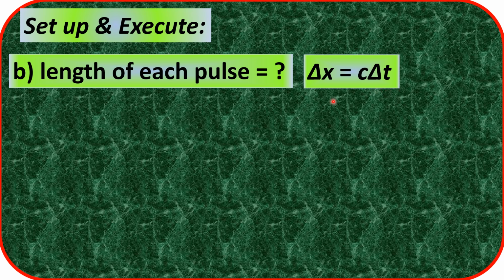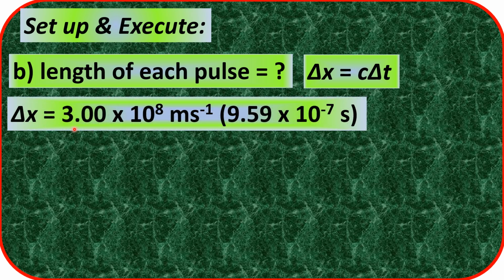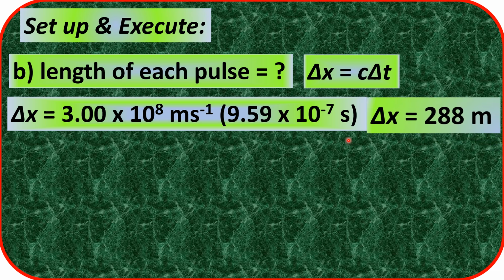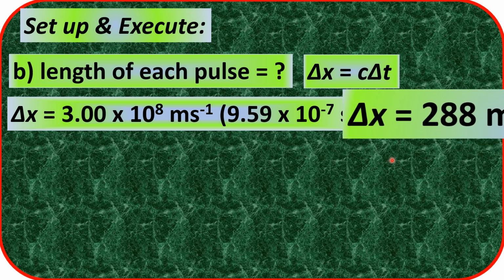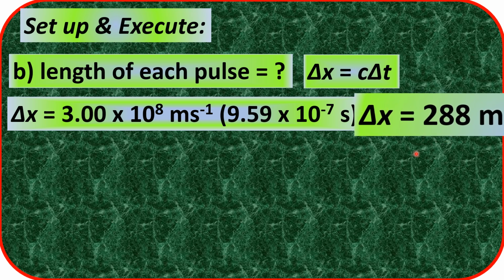That is, delta x is equal to 3.00 times 10 to the 8 meters per second multiplied by the calculated time duration delta t, which is 9.59 times 10 to the negative 7 seconds. So doing our math, we will get the length of each pulse, delta x, equal to 288 meters.